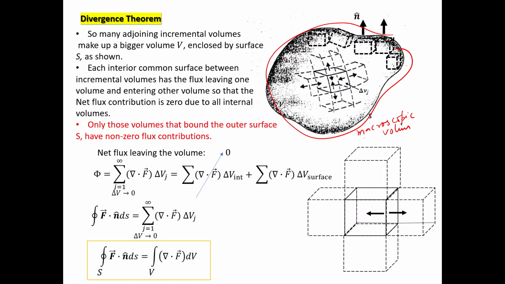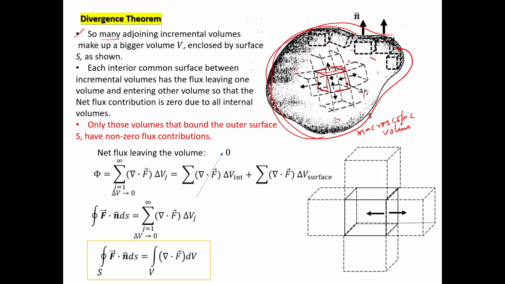This macroscopic volume is a sum of all these small volumes. There are infinite number of points, and all these points make up this bigger volume. All the microscopic volumes add up to make up a bigger volume.